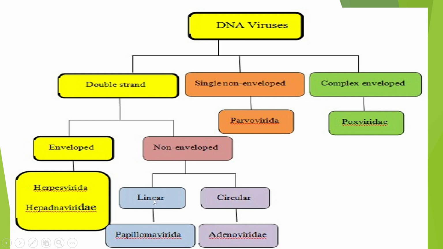Non-enveloped is further divided into linear and circular, with Papillomaviridae coming under the linear category, and Adenoviridae under the circular category. In the single-stranded non-enveloped category, the virus is Parvoviridae. And under the complex envelope, the viruses are Poxviridae.